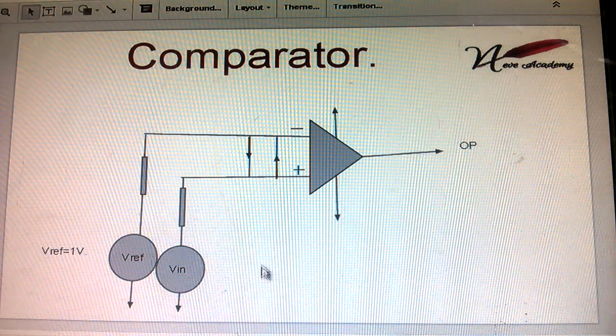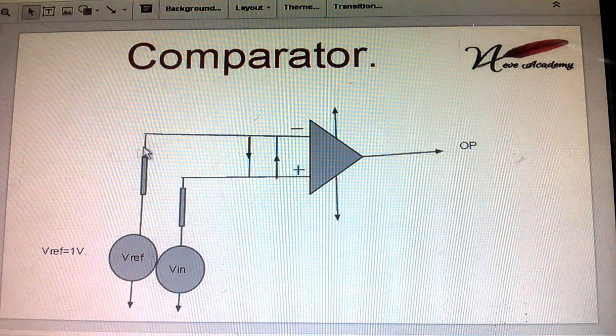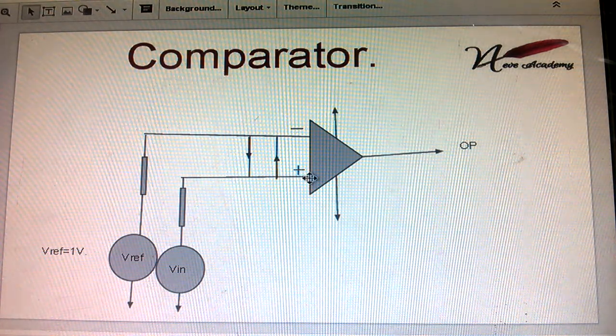The other terminal receives the analog time-varying signal, V in, at the non-inverting terminal, that is the positive terminal. Because we provide the time-varying signal to the non-inverting terminal, we call it a non-inverting comparator.